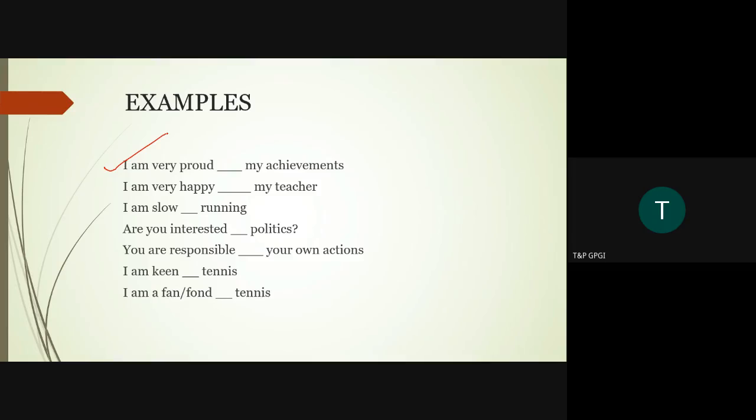So of course I am proud, but what is that blank space? So, I am proud of my achievements. Here "of" will come. Okay, so "of" is nothing but a preposition, and proud over here is nothing but an adjective.